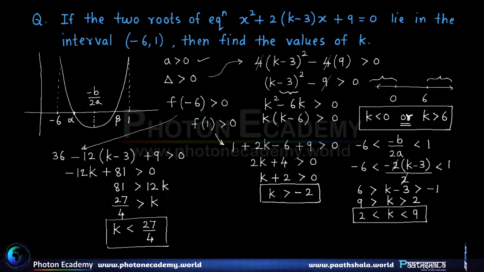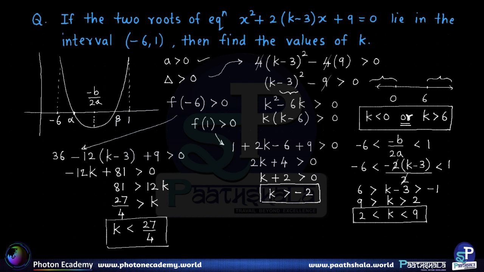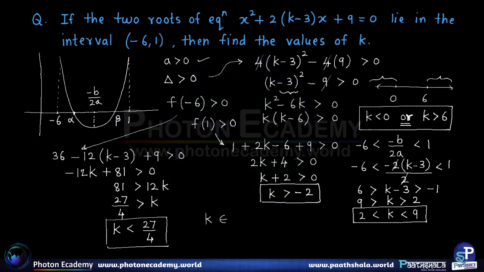So now we have these 4 conditions for k, and we have to see what is the final allowed set of values of k which satisfies all of these inequalities. So we will observe that the final set of values of k is nothing but k must belong to... Now here if we see, k is less than 0, but here we have k must be greater than minus 2.